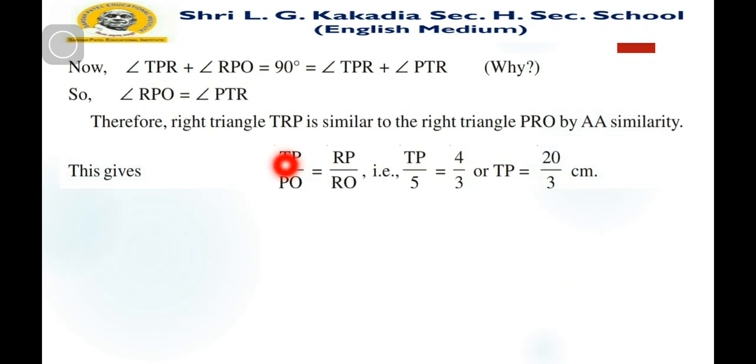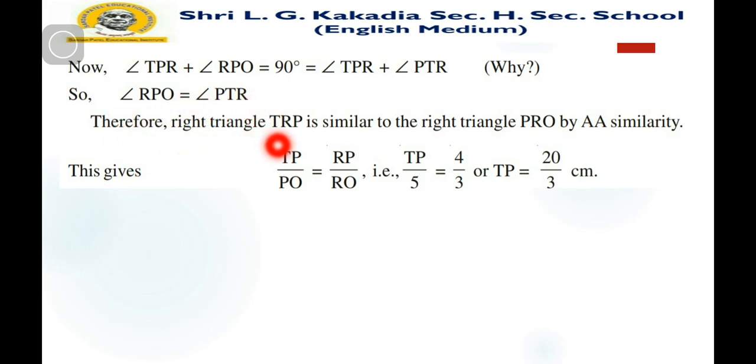Now angle TPR plus angle RPO is equal to 90, and we know that PTR and RPO are equal, so we can say that RPO is equal to angle PTR.